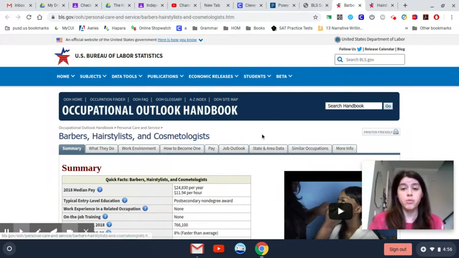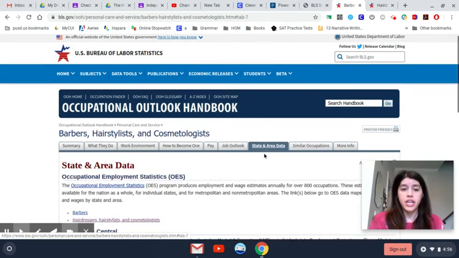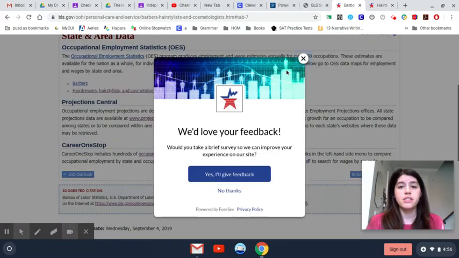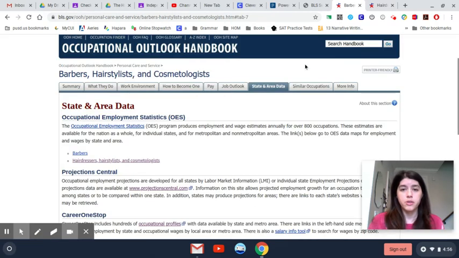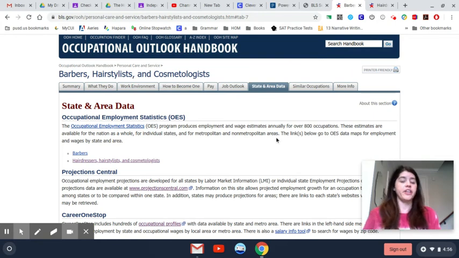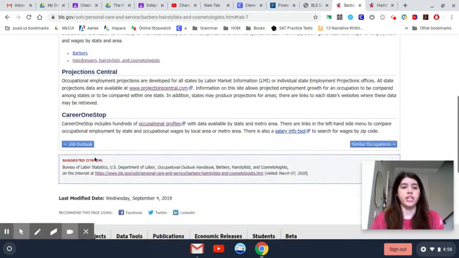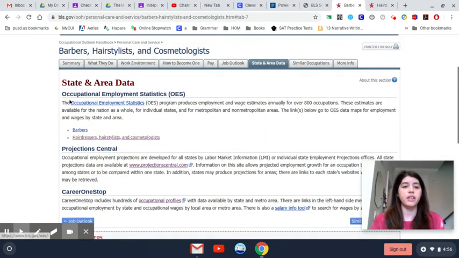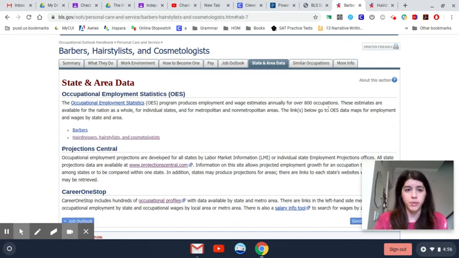You're actually going to want to come right here where it says state and area data. When you click here, I know it doesn't seem like there's any information, but you actually want to click on the occupational employment statistics links. If you come down here, you'll notice that the program produces employment and wage estimates annually for over 800 occupations.